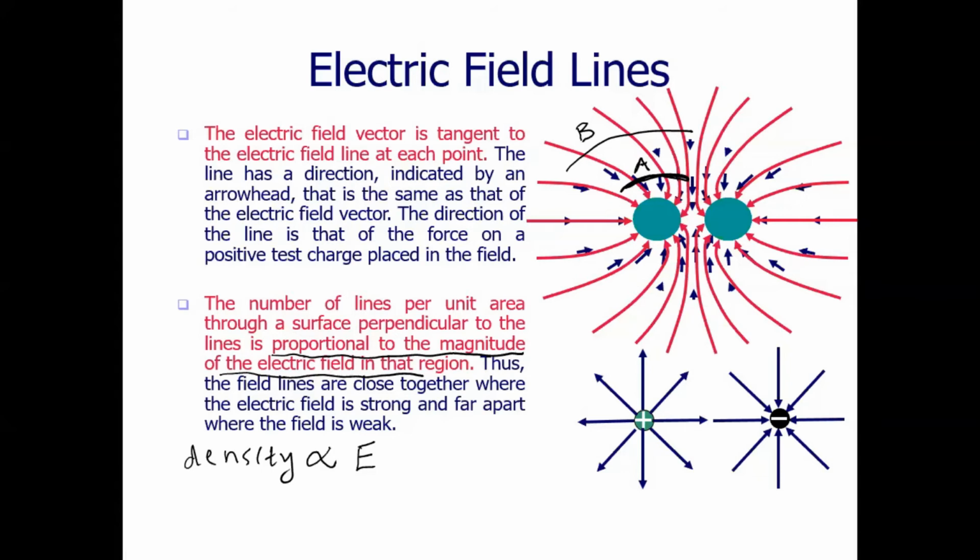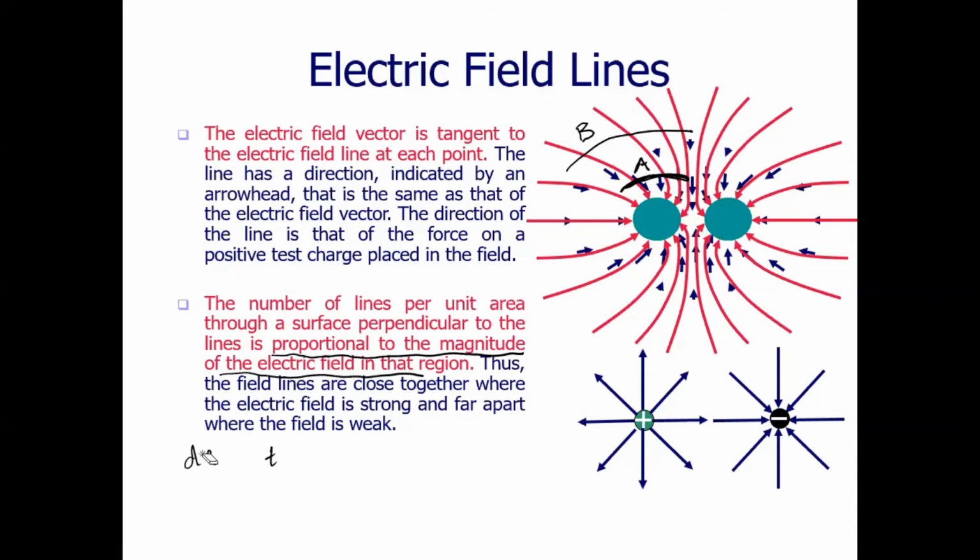On A. You can see that on surface A, there are more field lines per unit area than at point B. So the electric field at point A is greater than the electric field at point B.